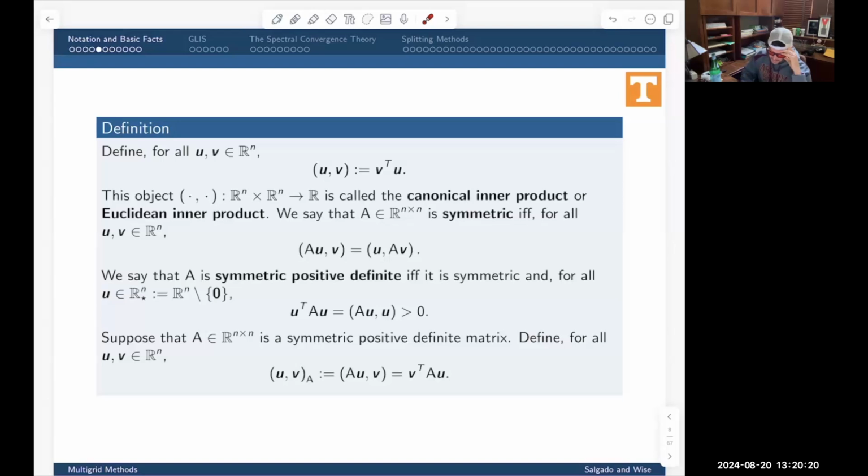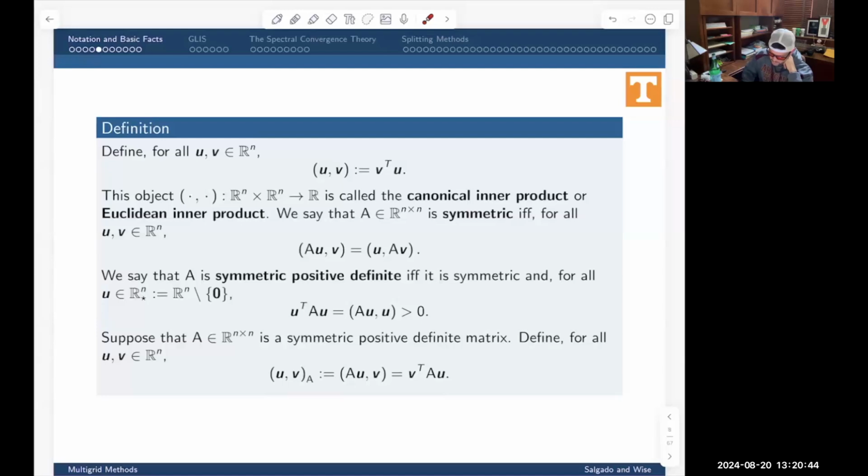Suppose that A is a symmetric positive definite matrix, then we can define a new inner product from this. The new inner product that I'm going to define is called the A inner product, or sometimes the energy inner product. I probably should have said that as a separate definition, but this is something called the energy inner product, or the A inner product.